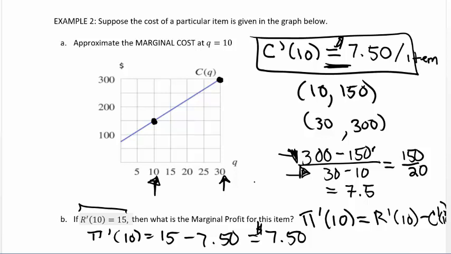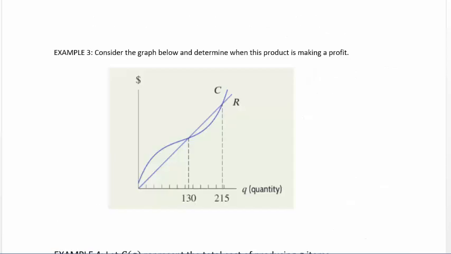Okay, let's look at another. Example 3. Consider the graph below and determine when this product is making a profit. The question itself we can answer visually, but there's a lot of other important information we can get from this picture. So let's start by remembering when we are making a profit. We need our revenue, the amount of money we take in, to be greater than our cost.